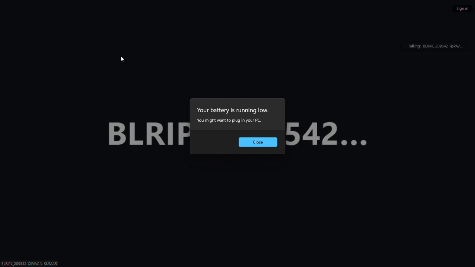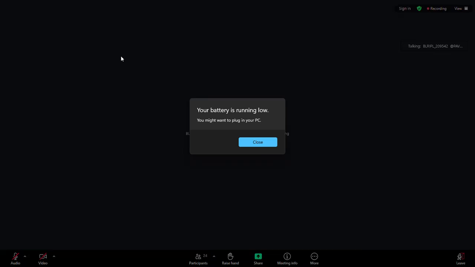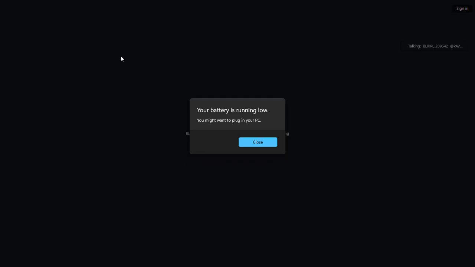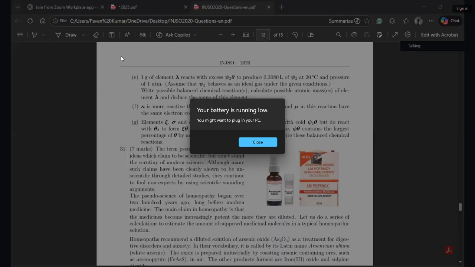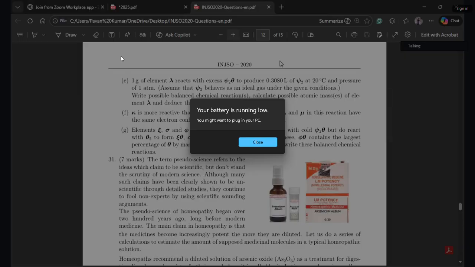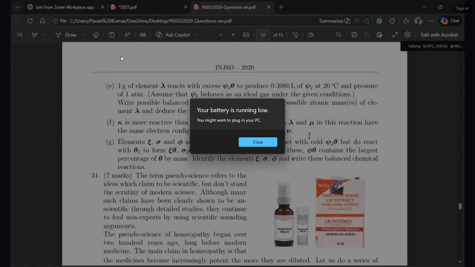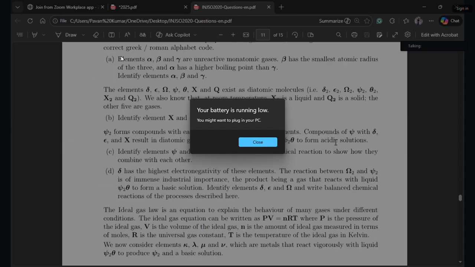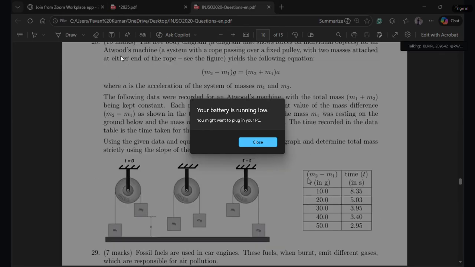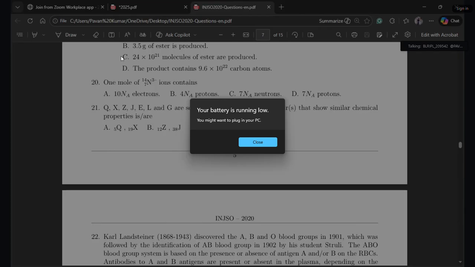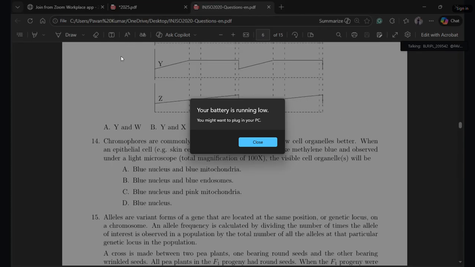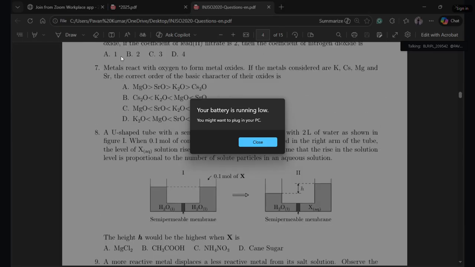Now, see here, there is one more question. One more question paper it is. See this. Okay. If you see this one, this is INGSO 2020. I'll show the starting of this question paper.